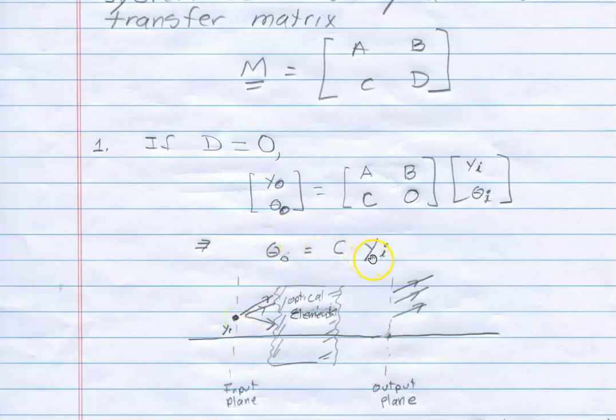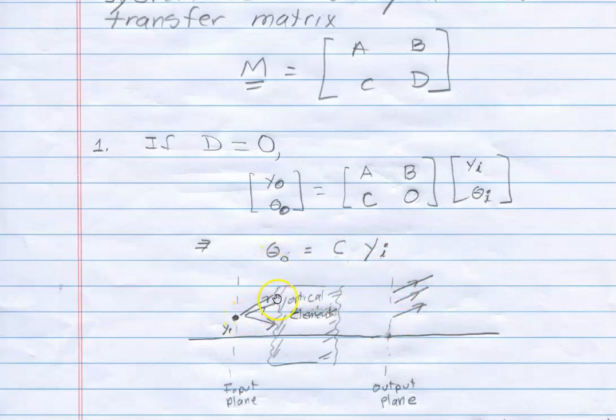It matters what that height is, but I have anything coming out of that at all different angles. So long as I'm at a point with that same height yi, then at the output plane, what comes out are all rays that have exactly the same theta naught.